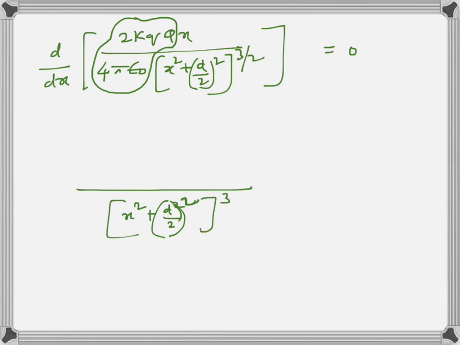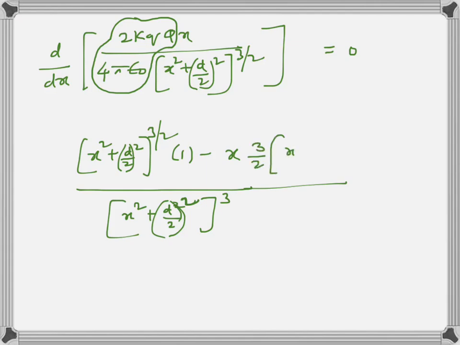First we must square the denominator, then denominator into differentiation of numerator. What is the numerator? x. Differentiation of numerator is 1, minus numerator into differentiation of denominator, which will be 3 by 2 times x square plus d by 2 whole square whole power 3 by 2 minus 1, into derivative of the inner term, which is 2x by chain rule. So this must be equated to 0.